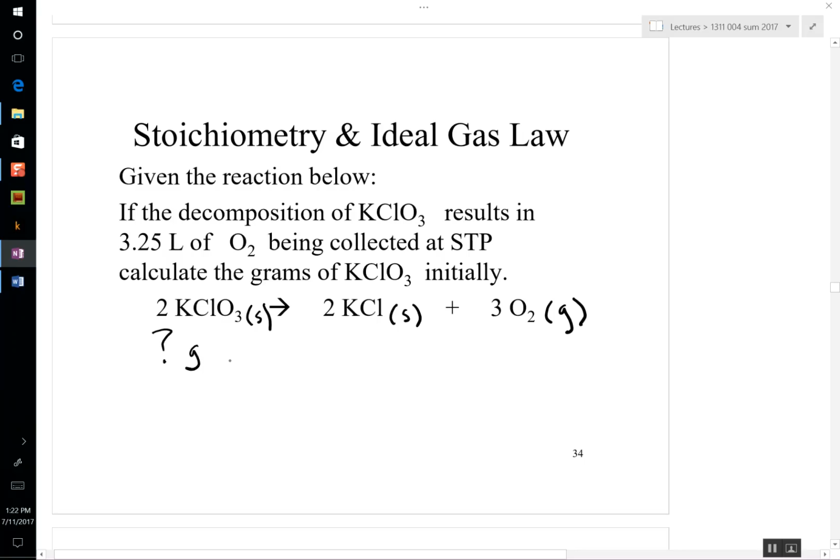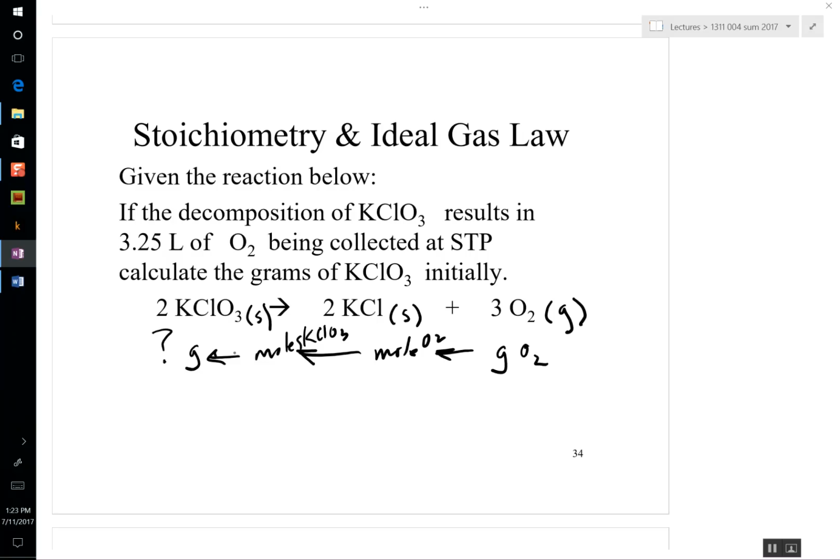Well, that's curious. You know how to go from the grams of oxygen back to moles of oxygen to moles of KClO3 to grams. You know how to do that. But the problem doesn't tell you how many grams of oxygen.